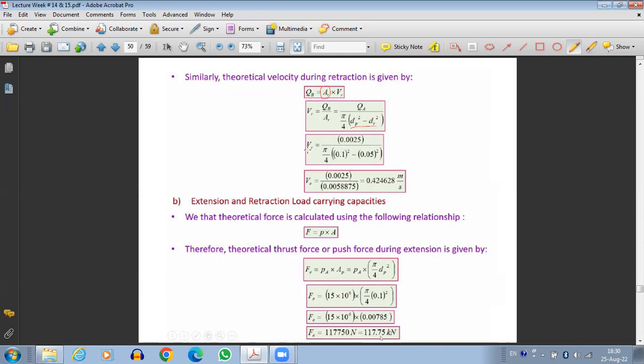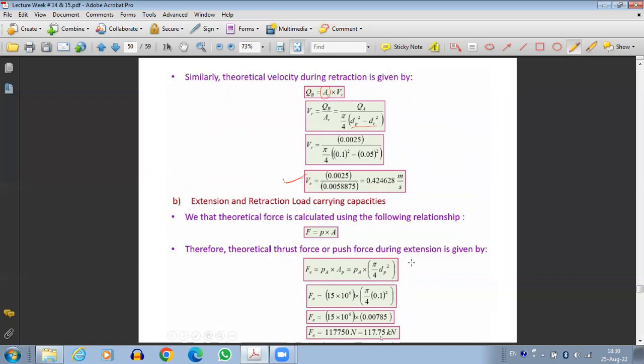The volume flow rate would be the same. So we can get the velocity for the case of extension as well as for the case of retraction. And then once we have the velocities, we can find out the force. The force equals the pressure multiplied by the area.